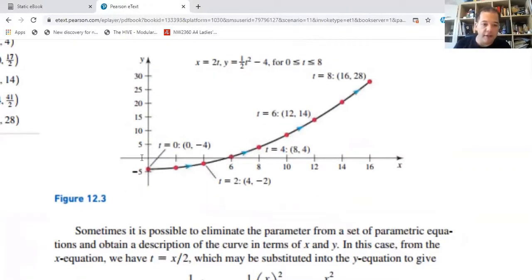As you can tell, it starts right here at 0, -4, then we did this one at time equals 1, would be this one, then time equals 2, 3, 4, 5, 6, 7, 8, etc. It follows this curve that starts here and finishes here, right?